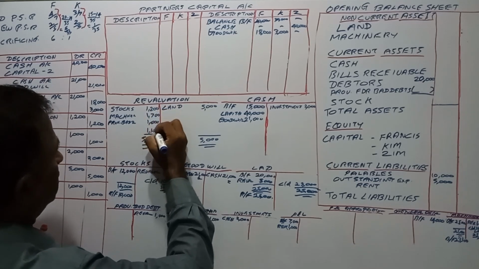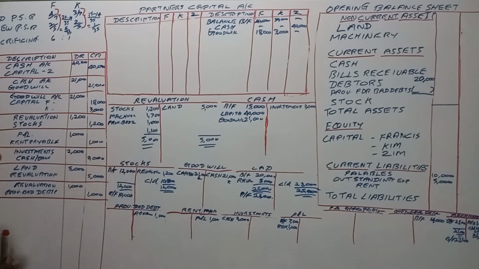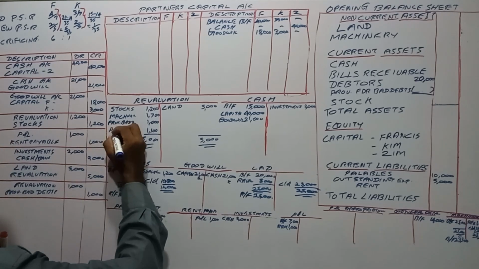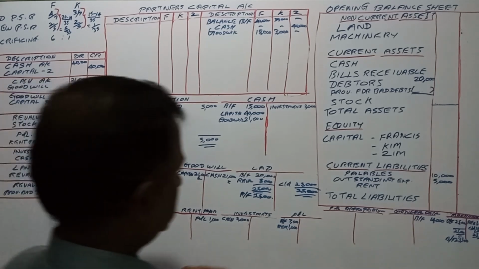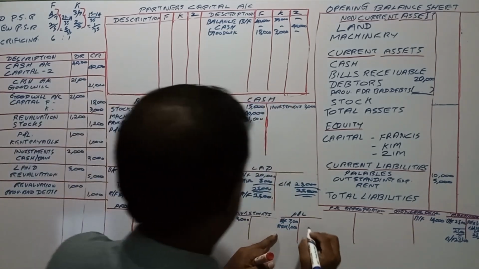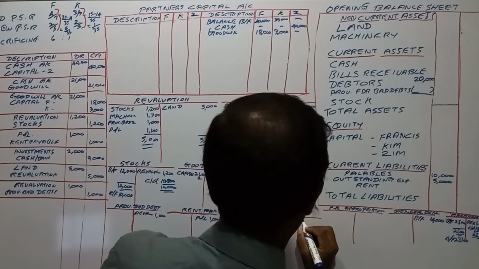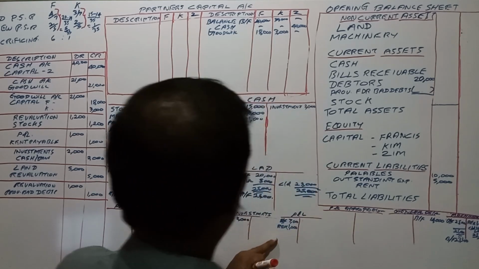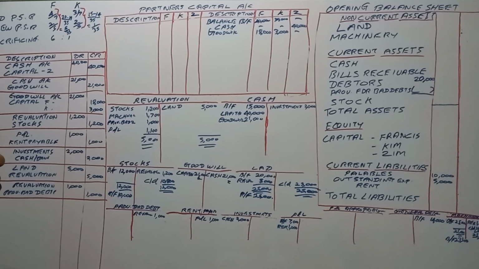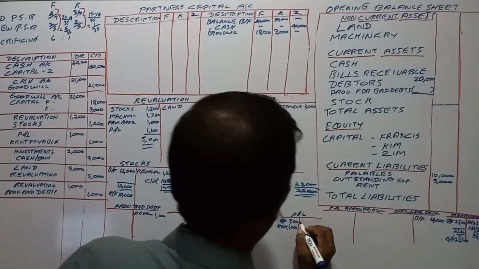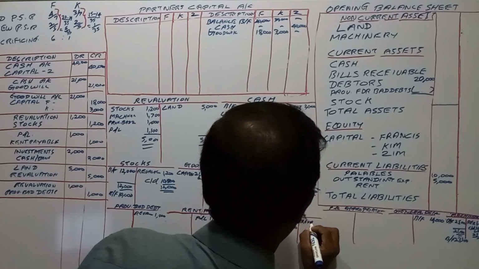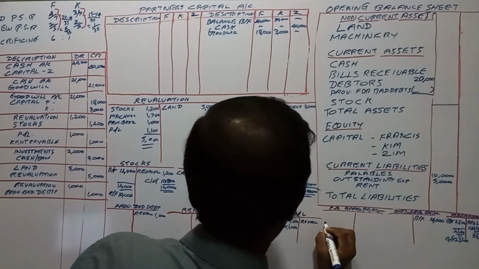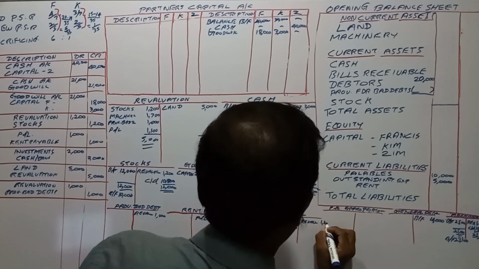Then 1,100 is the gap, goes to the profit and loss. Right? Profit and loss account credit, credit revaluation 1100, right?